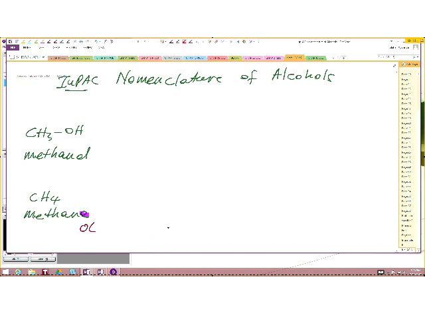OL is what we call the suffix, in other words, the ending for alcohols. Anytime you see OL at the end of an IUPAC name, you know you are dealing with an alcohol.